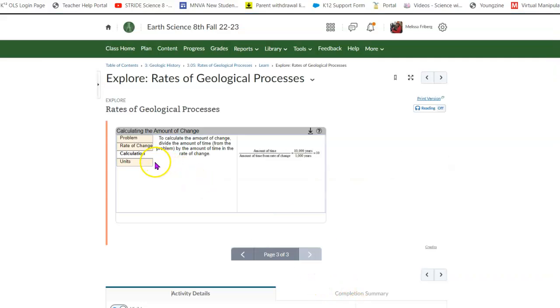Now, the next step is to multiply the answer by the change in the rate of change. Remember, the rate of change is 20 meters per 1,000 years.